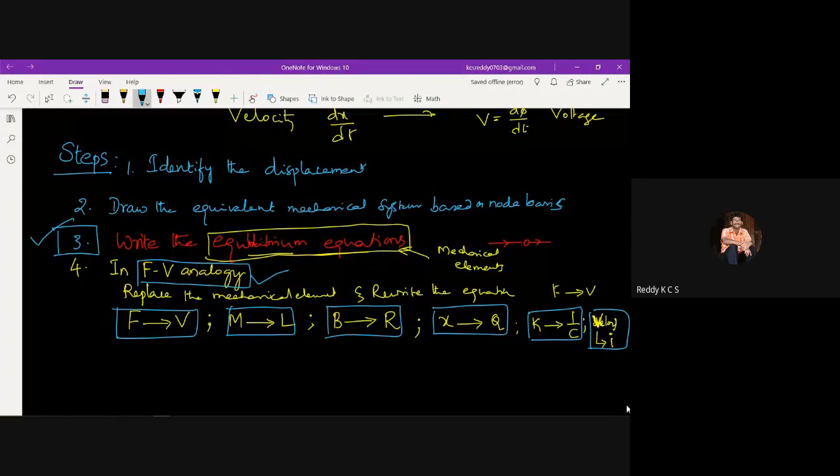Now coming to the next step. Suppose you want to use the FI analogy. In this case we need to write or simulate the equations using the loop method.